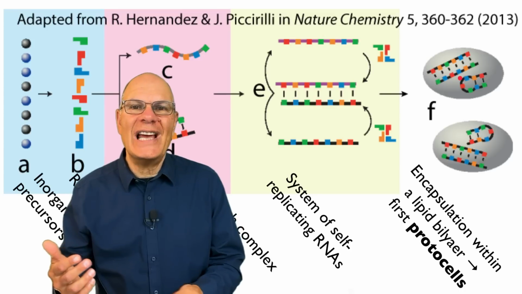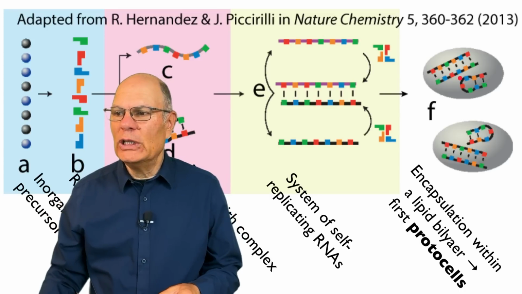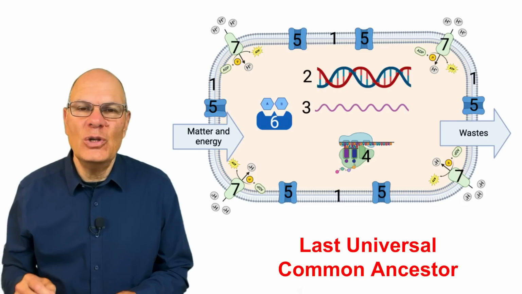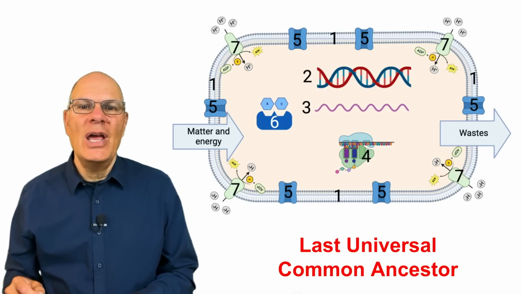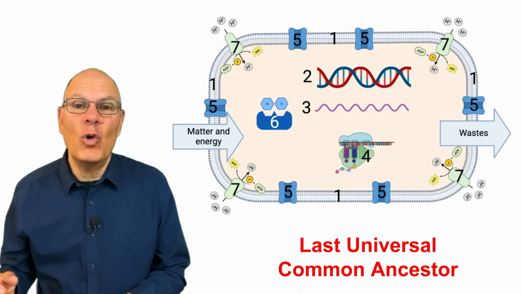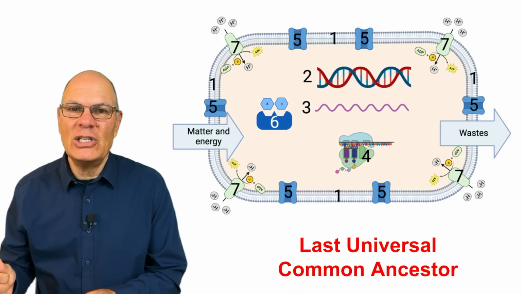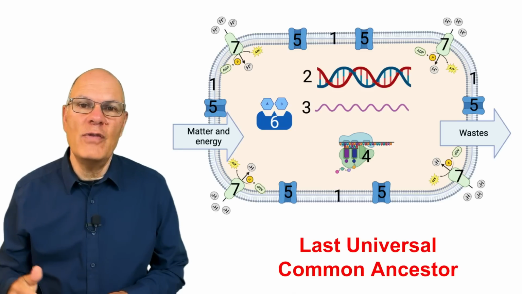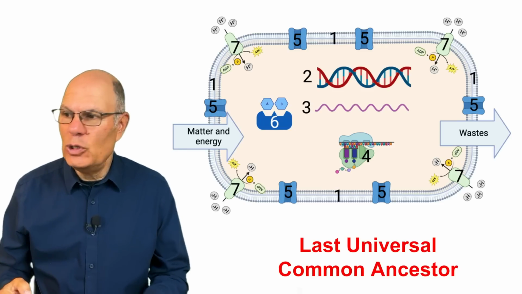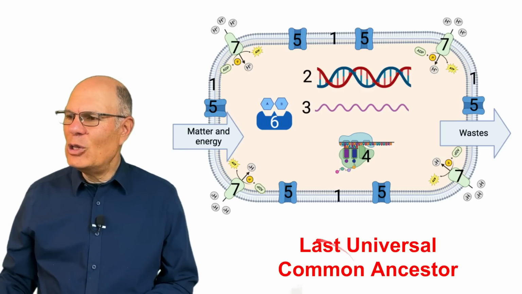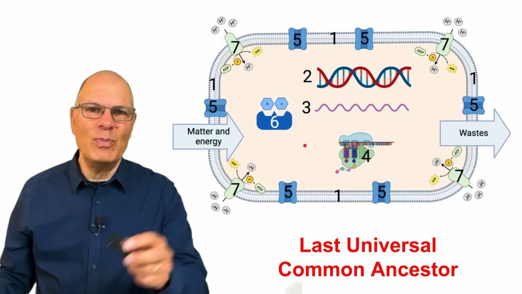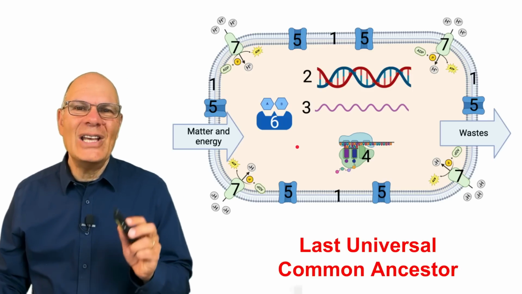Further natural selection, further evolution would lead to the emergence of the last universal common ancestor. That's the population of organisms that gives rise to both archaea and bacteria, and ultimately through a fusion of those two domains to eukaryotes.